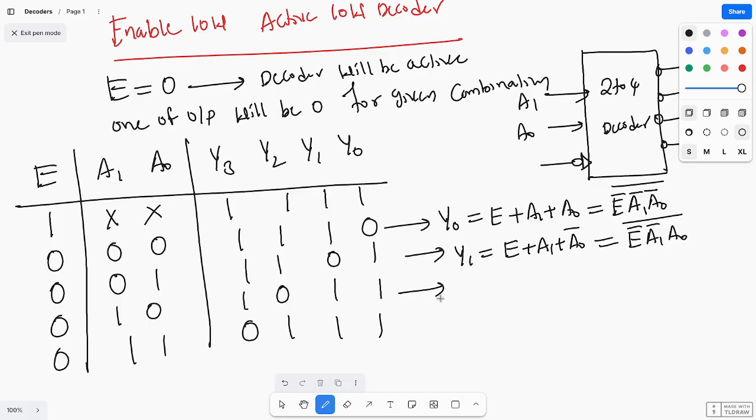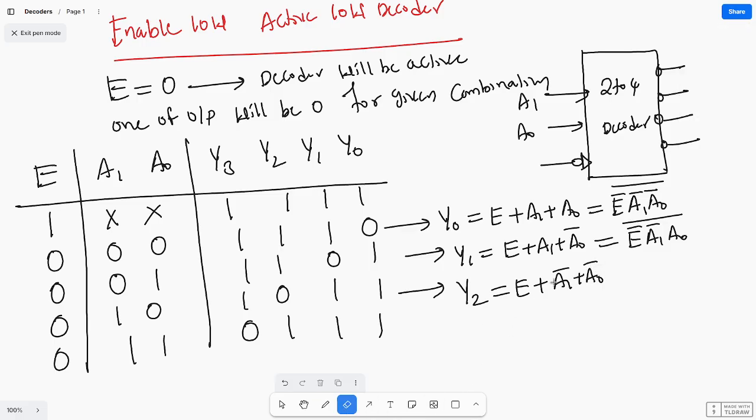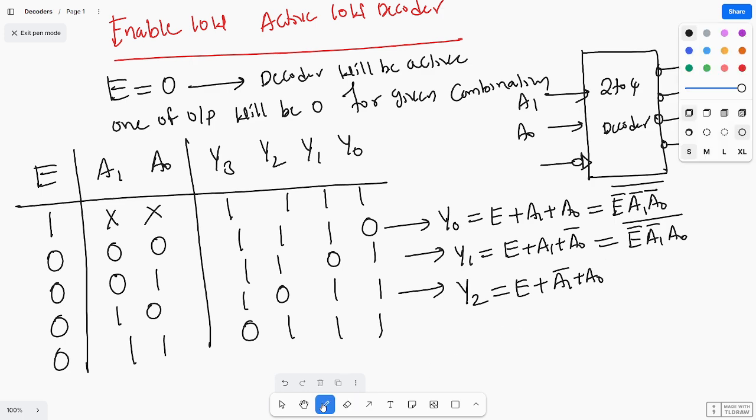Similarly Y2 equal to enable plus A1 bar plus A0. So here, enable bar, A1, A0 bar, whole bar.